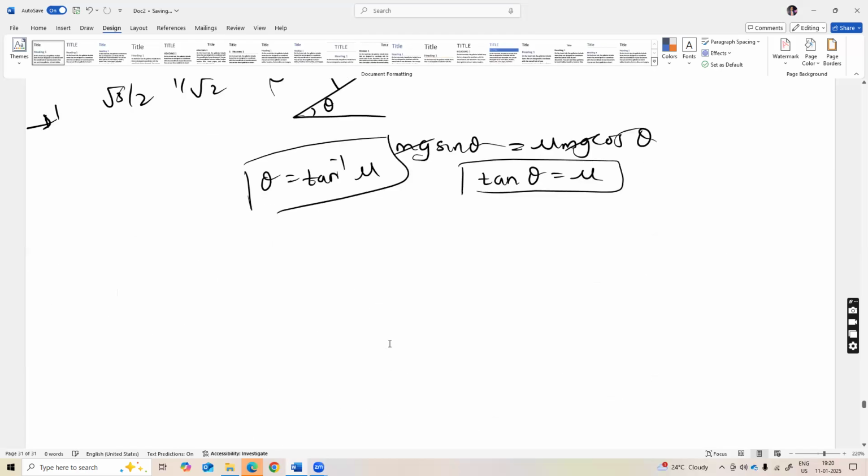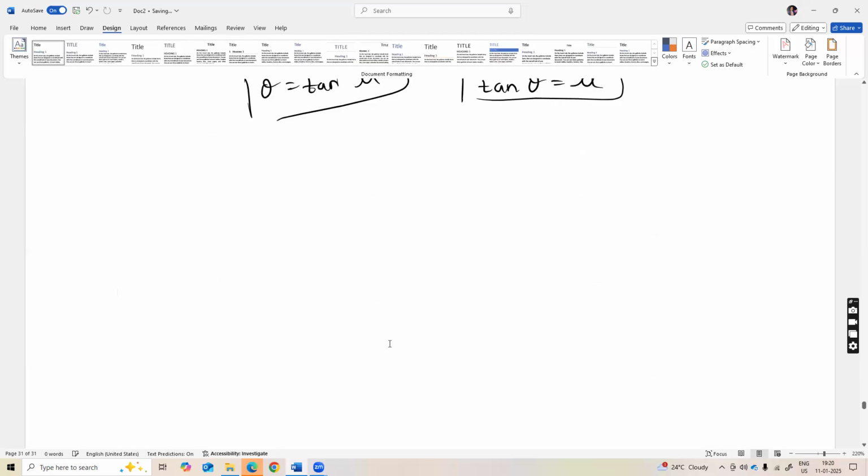We'll take one example. Let's say the coefficient of friction is given as 0.75. At what angle will the block start to slide? Let's say you have one block of m kg. This angle is theta. At what angle theta will this object start moving?